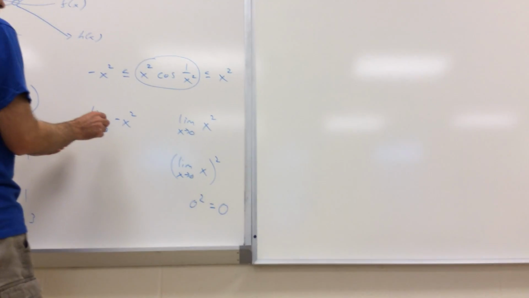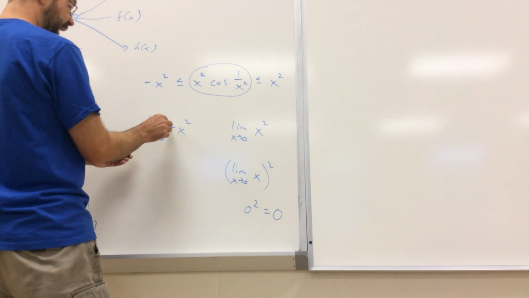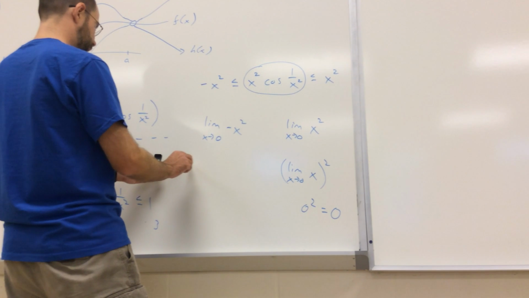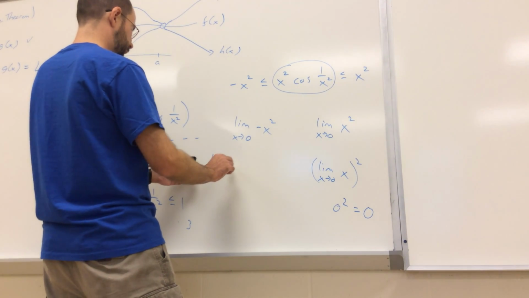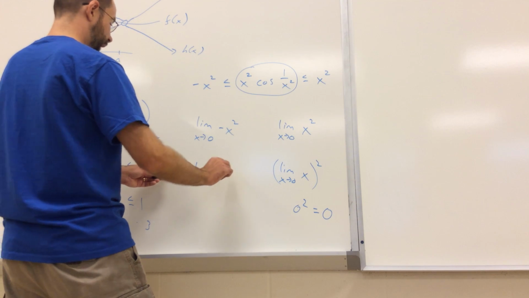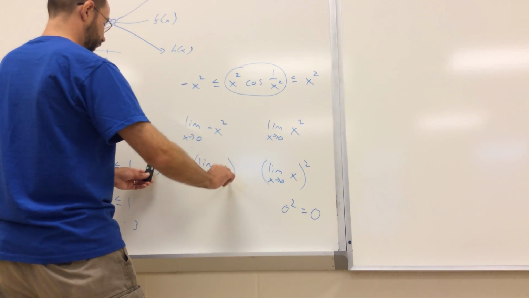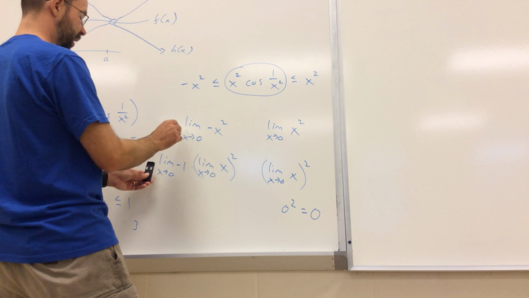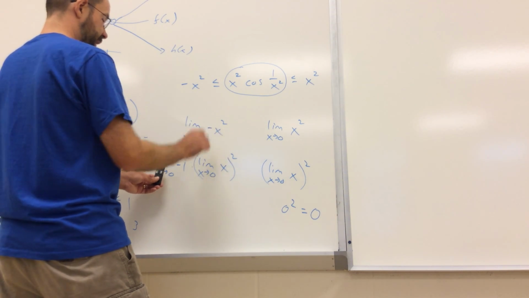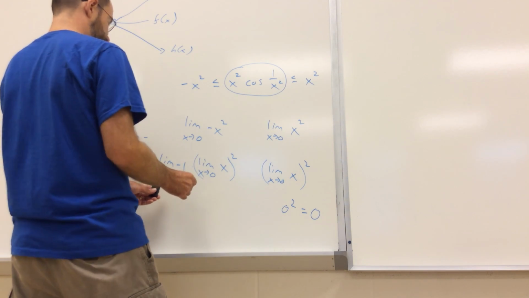Okay, now over here, that's like negative 1 times x squared, right? So I could take the limit of negative 1 times the limit of x squared, and I could use the power law. So I did 2 limit laws there. Limit of this times the limit of that, and then the power one.